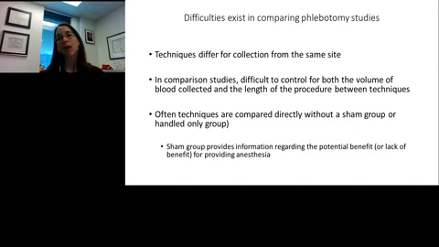So if your phlebotomy group doesn't behave any differently in the physiologic and behavioral metrics of pain or distress that you measure than a sham-only group, then that likely suggests that providing analgesia or anesthesia is not really going to offer a welfare benefit in that case.